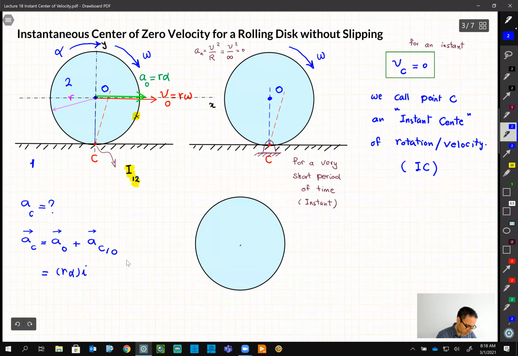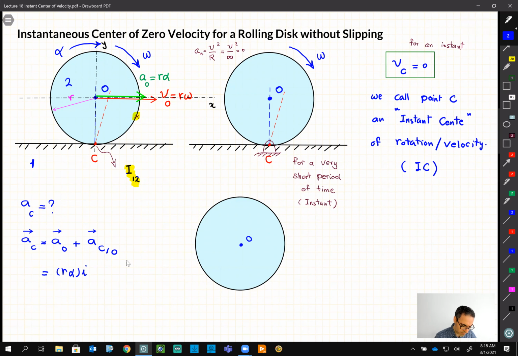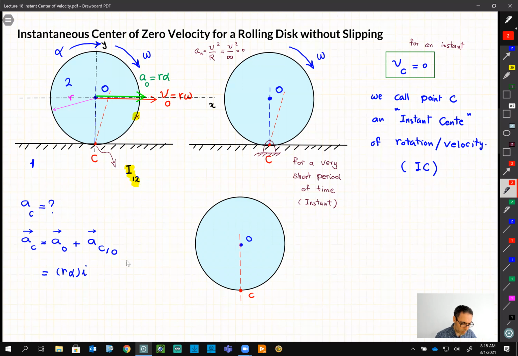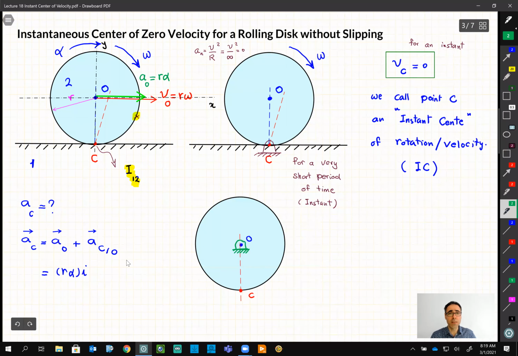And this is point O. And this is point C. So we talked about it before that when we say point C with respect to point O, it means that we visualize that point O has been pinned to the ground, or in other words, we are sitting at point O and looking at point C. So all we see is this point C moving around us, right?